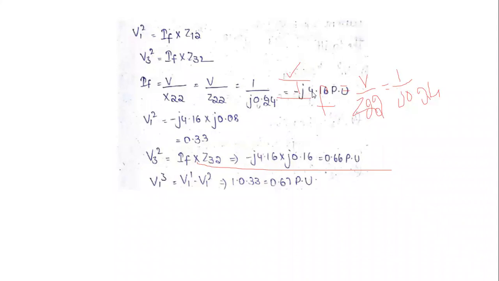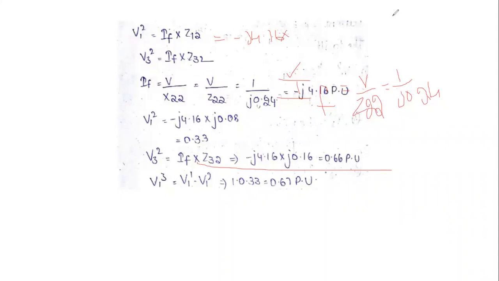That is minus j4.16 per unit. Substitute: IF is minus j4.16 into Z12.